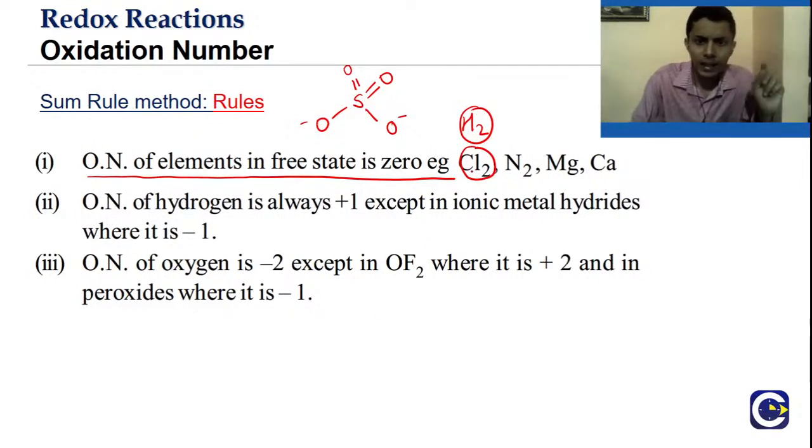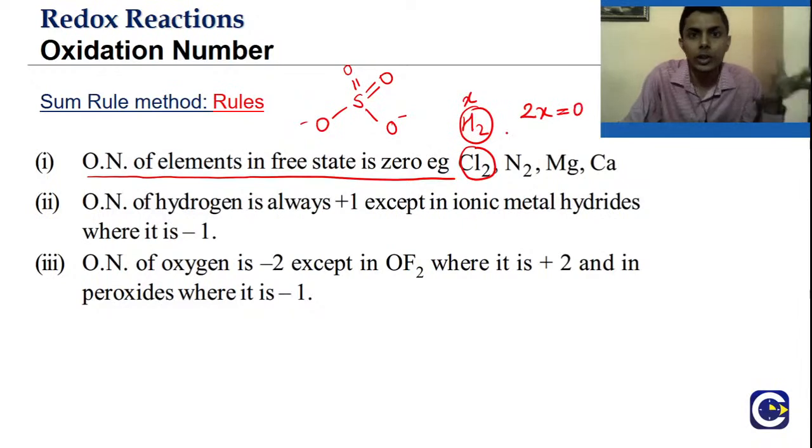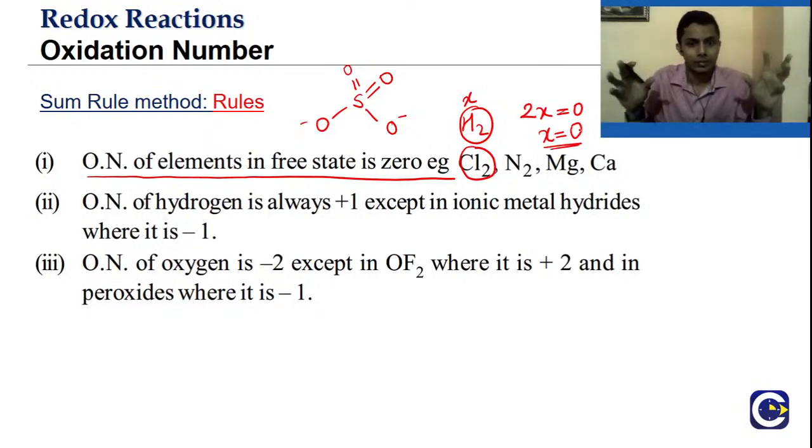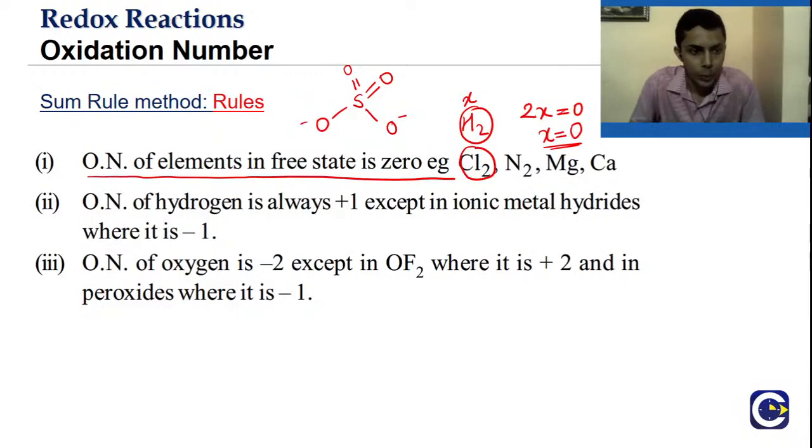In that case, oxidation number will be 0. That we can prove also. Let's say oxidation number is x. So 2 hydrogens are there. We already know that the algebraic sum, 2x plus nothing, should be equal to 0 because it is a neutral molecule. Correct? Hence, the oxidation number itself is 0. Got it? So in free state, oxidation number of an element is 0.